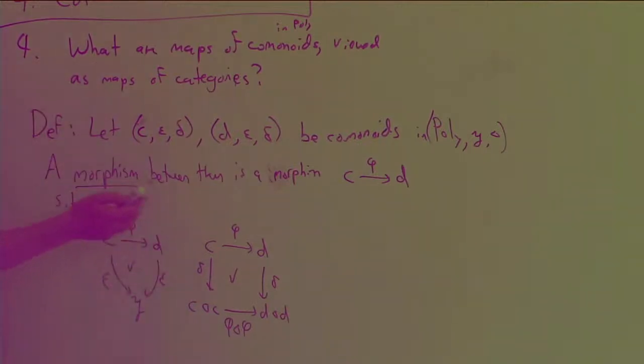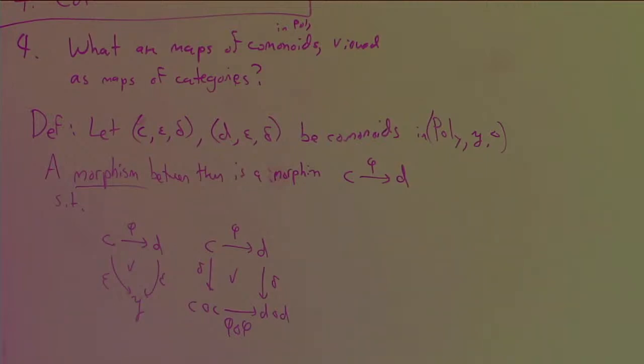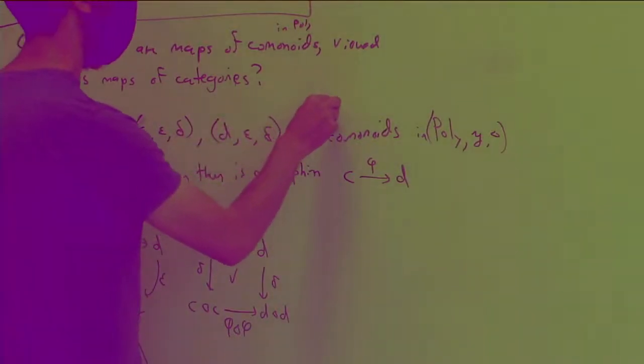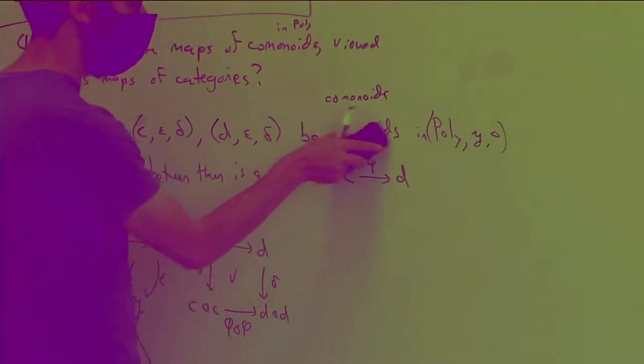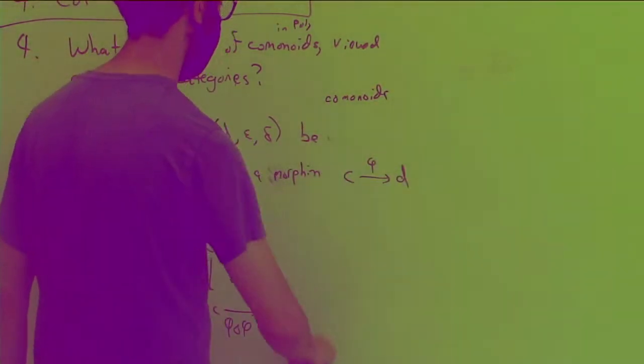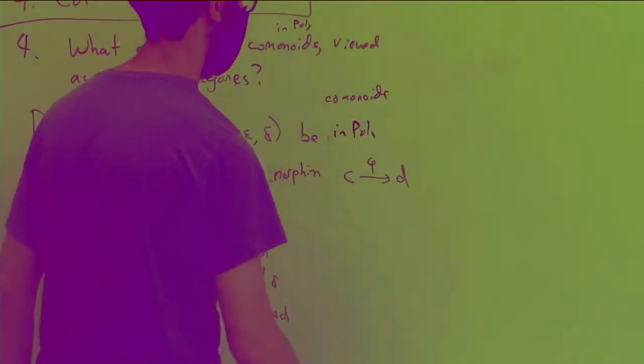I want to know what it means for categories. But before I tell you what it means for categories, I just want to trace out what it means set theoretically. Okay.